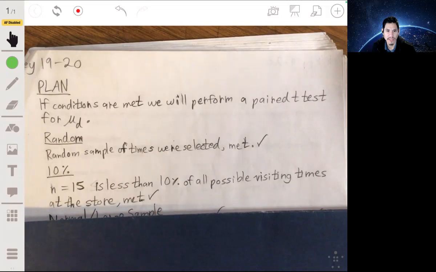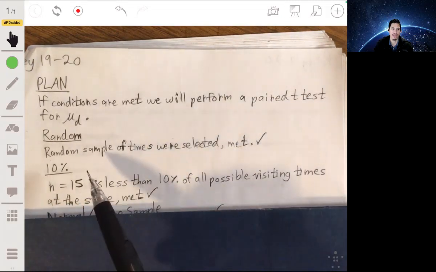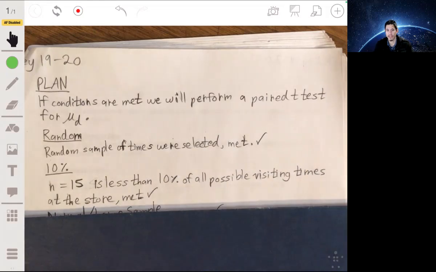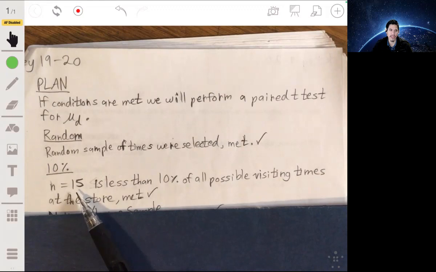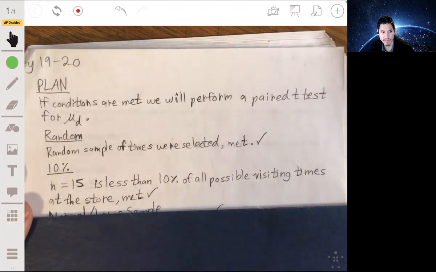It's obvious to say that there's going to be at least 150 possible times that you can visit the store. So this is met because our sample size is only 15. That definitely is less than 10% of all the possible visiting times.